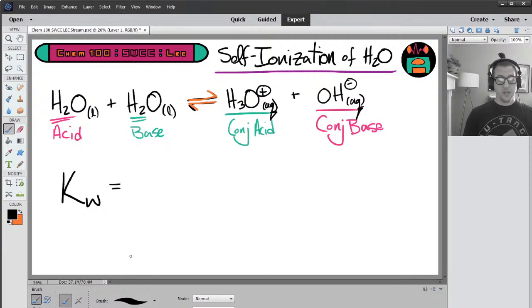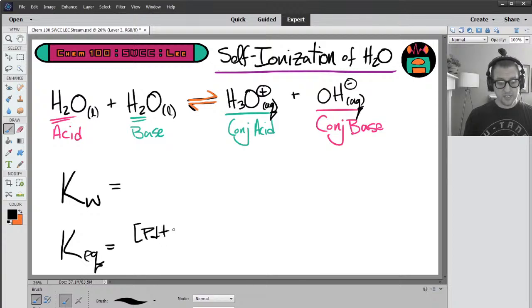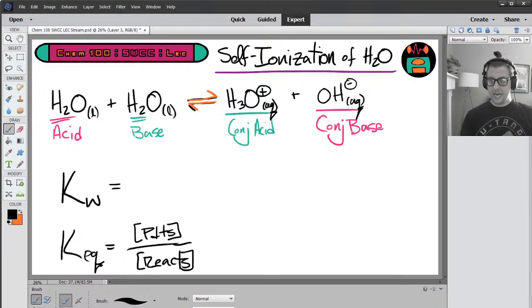As we know, and this is just a quick refresher, Keq is equal to the concentration of products over the concentration of reactants. So you do your concentration of products over reactants.